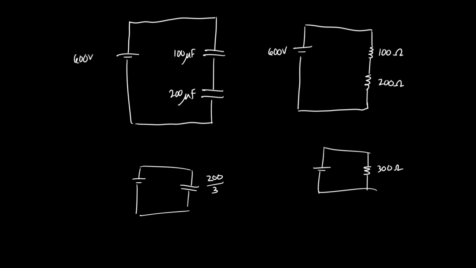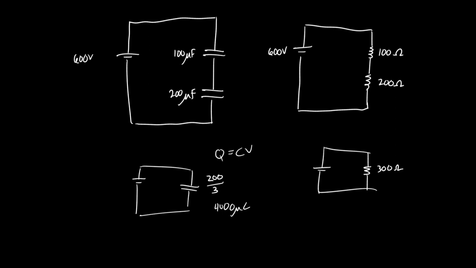So no problems there? You need the charge here. You need the current here. So Q equals CV. All right. So you get the charge, which is 600, 200, so 400, or 4,000 microcoulombs.